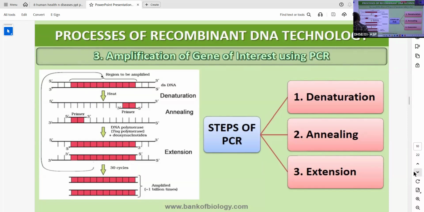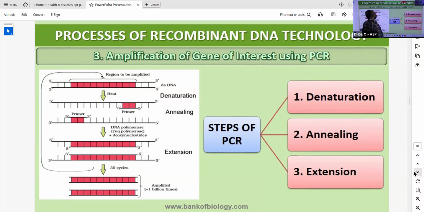Now, in the processes of recombinant DNA technology, amplification of genes of interest using PCR. Now, how is this done? Amplification of the gene of interest using PCR. How is it done? Pay attention first.